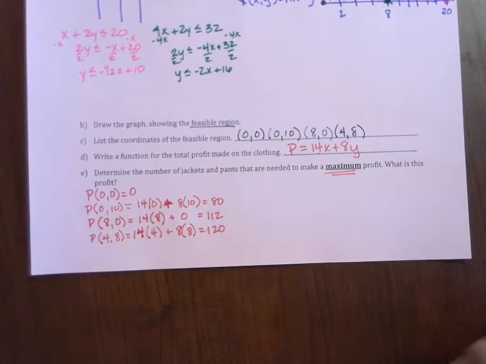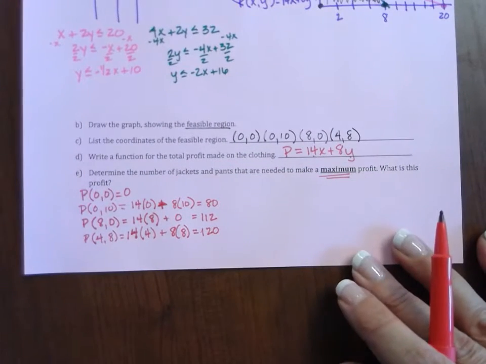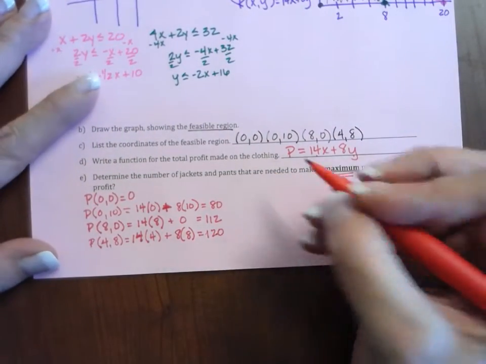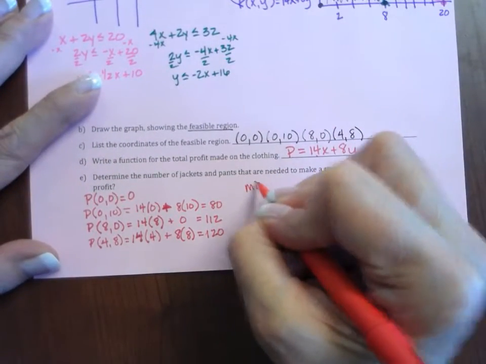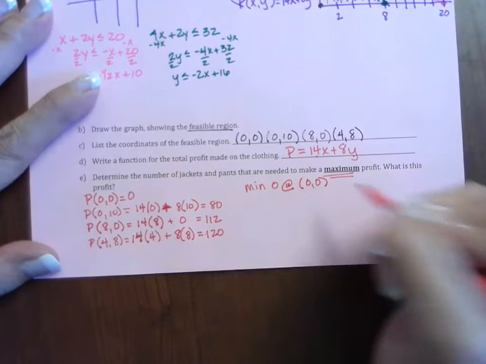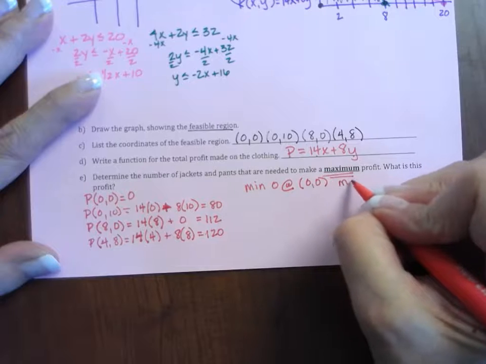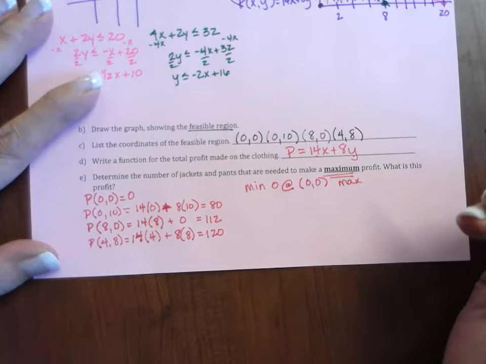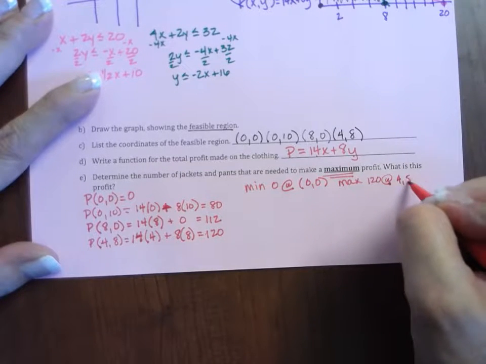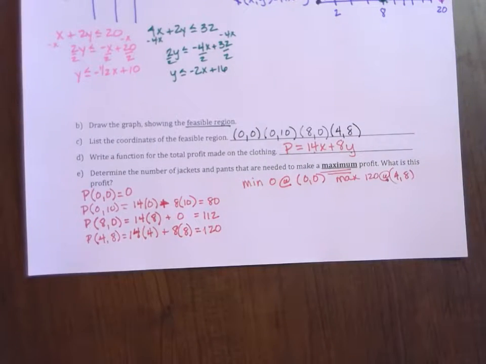So, bottom line, what does all this mean? What do all these numbers mean? What's my minimum? My minimum is going to be 0 at 0, 0. My maximum is going to be what? 120 at 4, 8. So in context of the story, what does that mean?